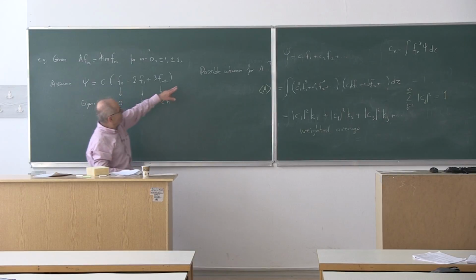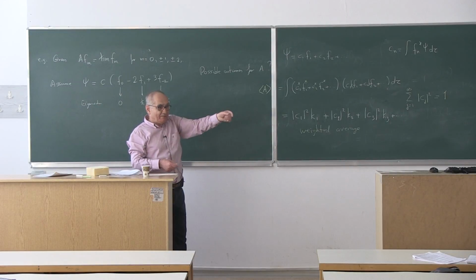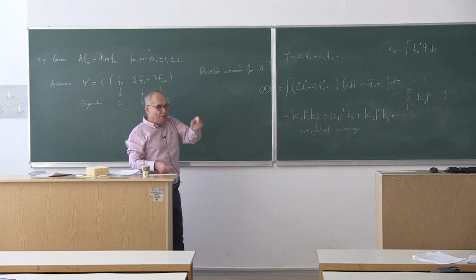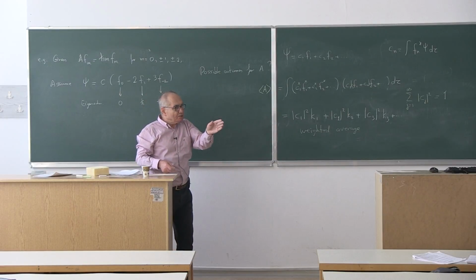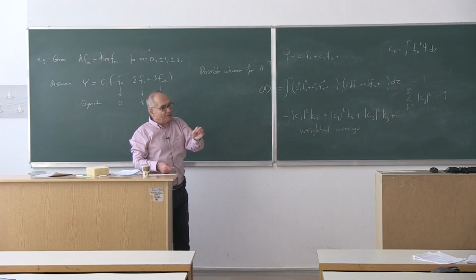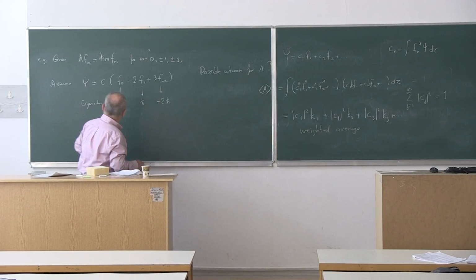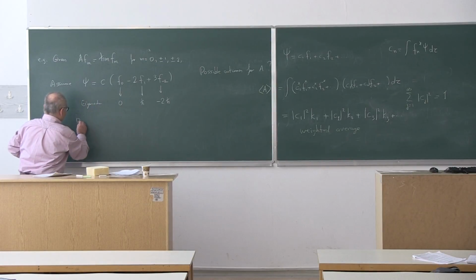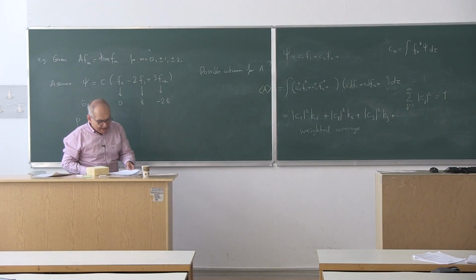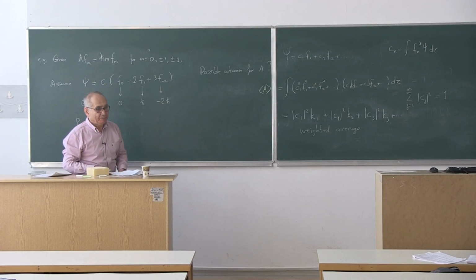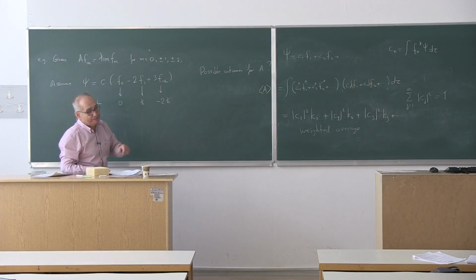So possible outcomes means which eigenvalues? And we are saying that only those eigenvalues whose weight factors or probabilities are different from 0. Okay. Then, the next part is, what is the probability of each outcome?